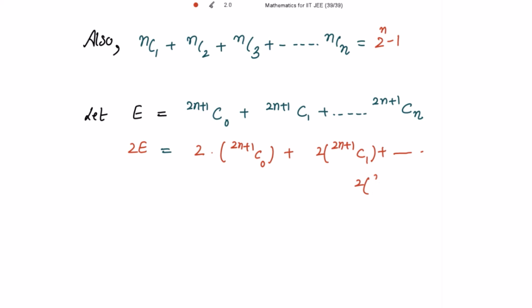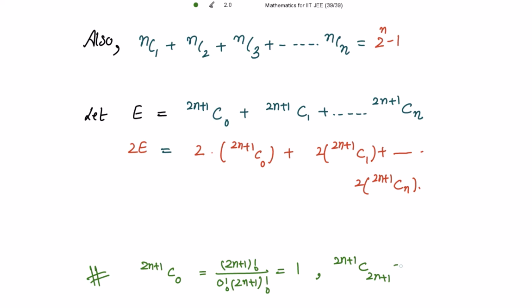This is twice of 2n plus 1Cn. Please note here, if I calculate 2n plus 1C0, this comes out to be 2n plus 1 factorial divided by 0 factorial into 2n plus 1 minus 0 factorial, that is 2n plus 1 factorial, which gives us the value as 1. And also, if we calculate 2n plus 1C(2n plus 1), that is also coming out to be 1, right? Which means these two are equal.